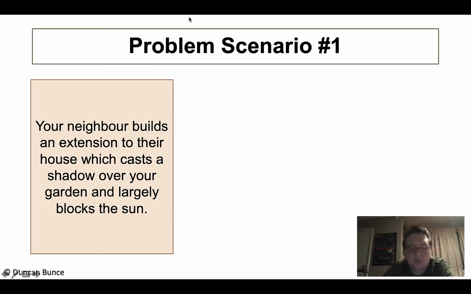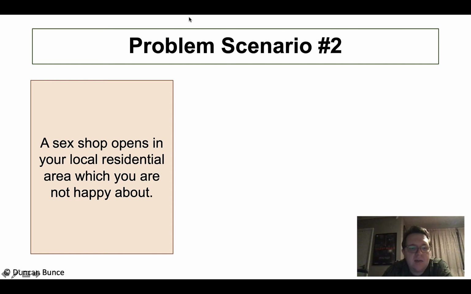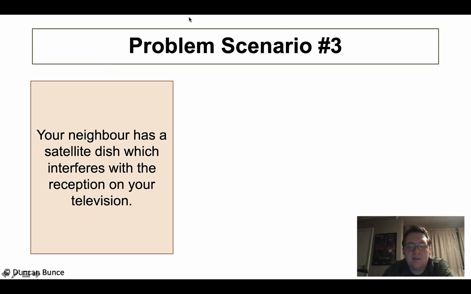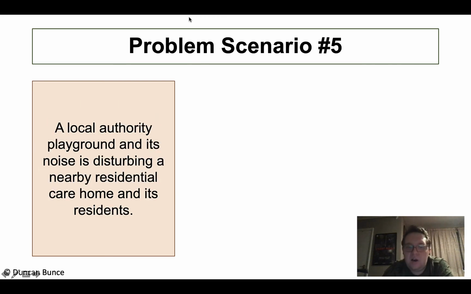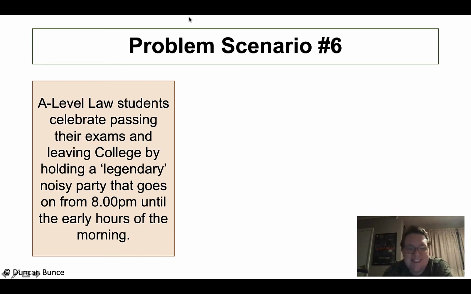So here you've got a neighbour, a building extension. Scenario 2, you have a sex shop in a local residential area that's just opened. You have in 3 a satellite dish interfering with reception on your television. Number 4, somebody, or rather yourself, deciding to play the violin, but your neighbour hates it. 5, a local authority playground, which is quite noisy. 6, A-level law students celebrating passing their exams and having a legendary party.